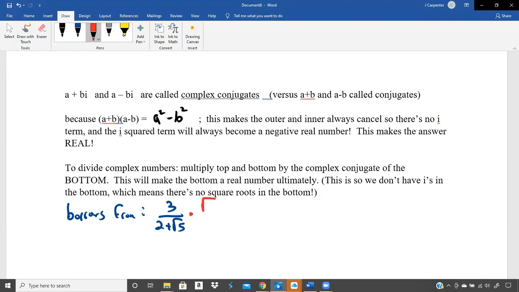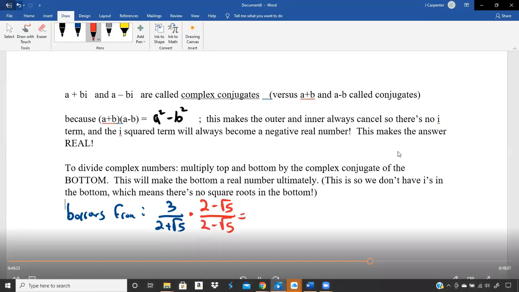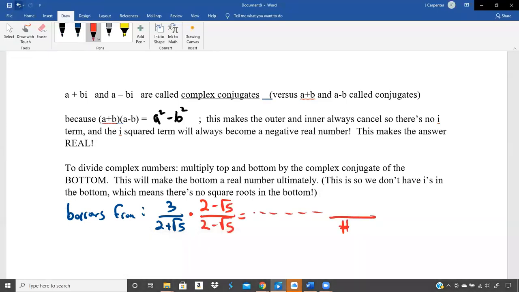You have to multiply top and bottom by 2 minus the square root of 5. The conjugate of plus is minus, so that's why we do that. And then you would just continue on, and ultimately you would have a whole number in the bottom with no square root. I'm not going to finish that problem. You're more than welcome to on your own. But that's the idea we're borrowing from, rationalizing the denominator with square roots. The reason we borrow that idea is because i's and square roots are literally the exact same thing.